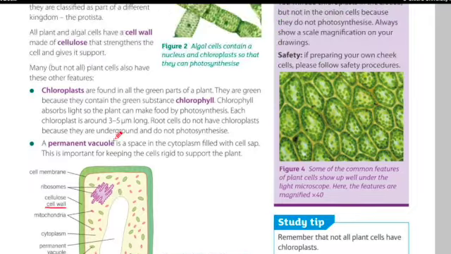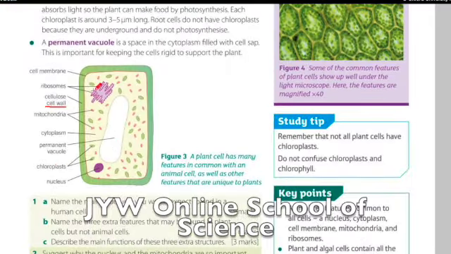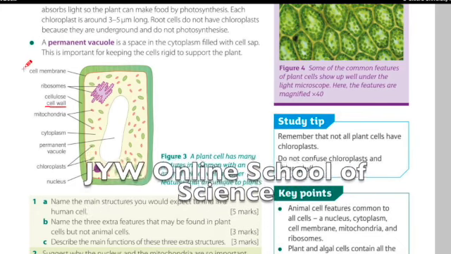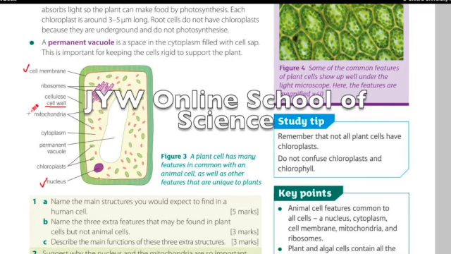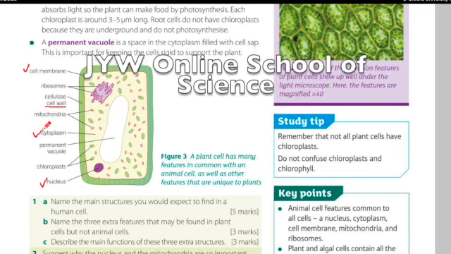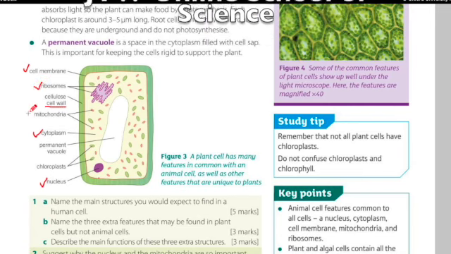To summarize, apart from the nucleus, cell membrane, cytoplasm, ribosomes, and mitochondria, which are shared between plant and animal cells, the plant cell also has chloroplasts, where photosynthesis takes place.